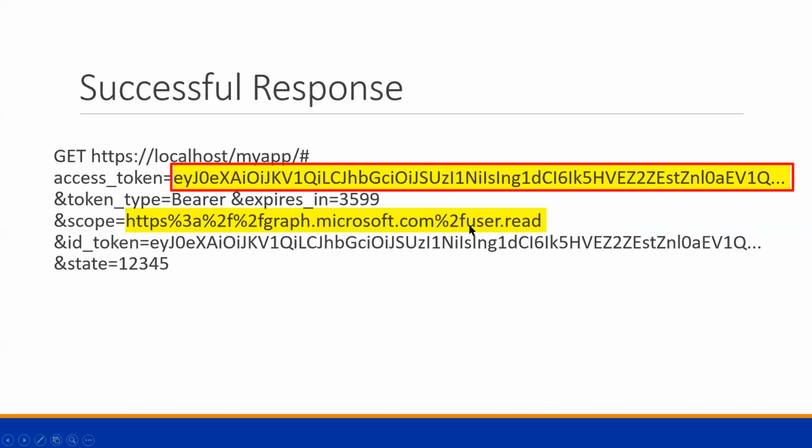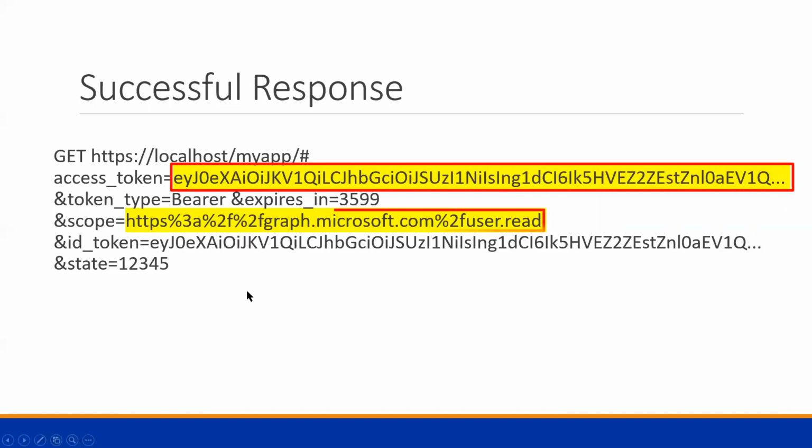Here it sends the user.read, and also it sends a token, an auth code, and after that an access token. The access token has all the necessary information and permissions, using which you can request the resource server for whatever resources are required.